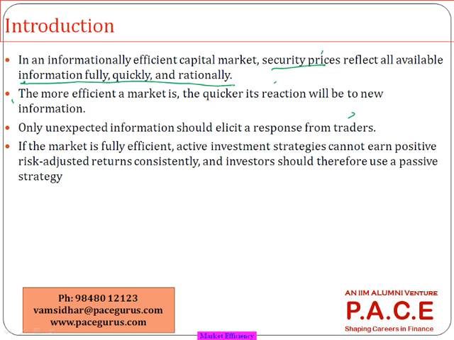So all these things could very well be different from person to person. So that is where what we are saying is only unexpected information should elicit a response from the traders. Otherwise, it should have already got reflected into the price.